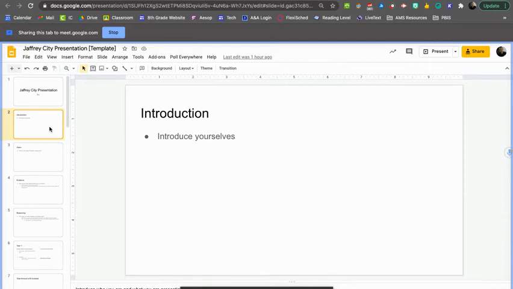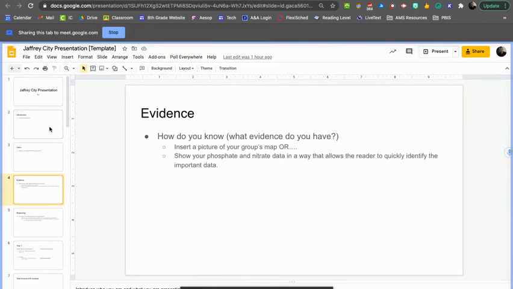So you have the introduction, you're going to introduce yourselves, you're going to state your claim, so where you think the water pollution is coming from, and this is the group CER. The evidence, so like you could insert your group's map, or you could show your phosphate and nitrate data in a way that allows the reader to quickly identify the data that's important to your claim.